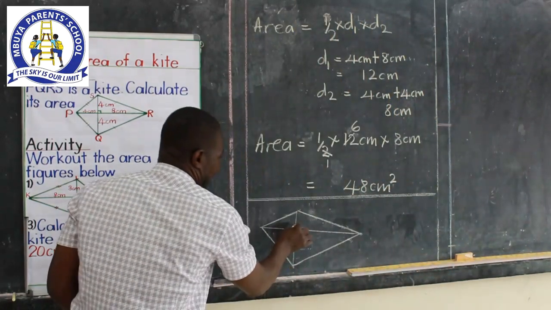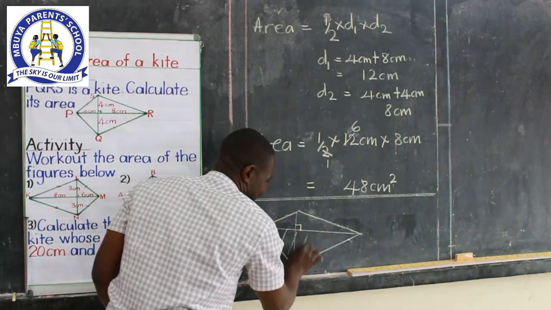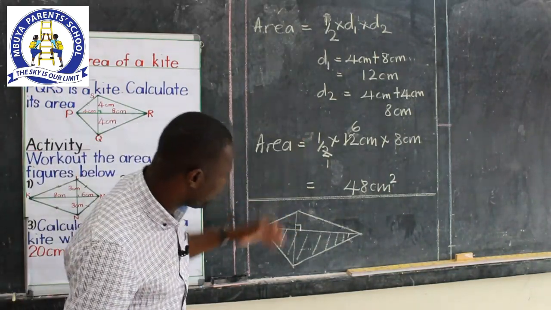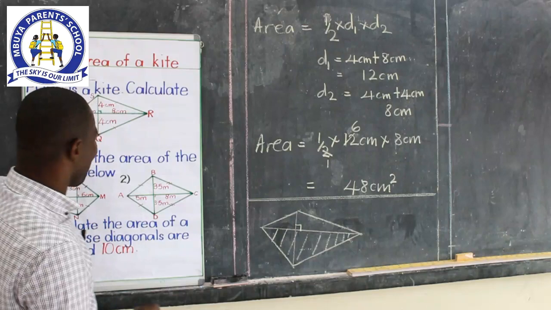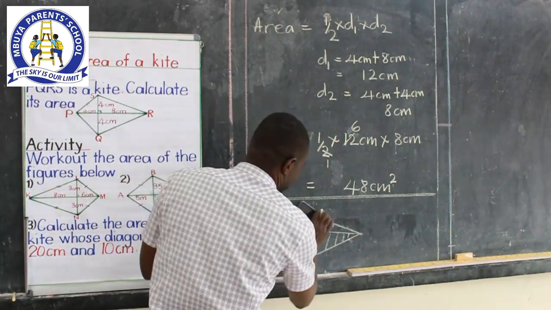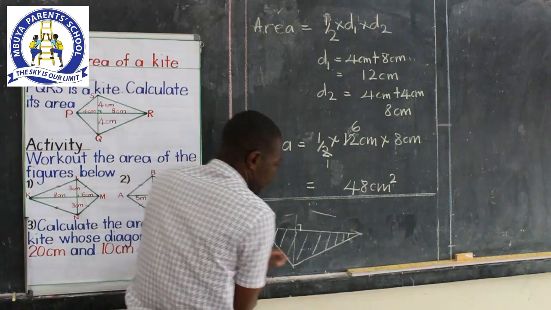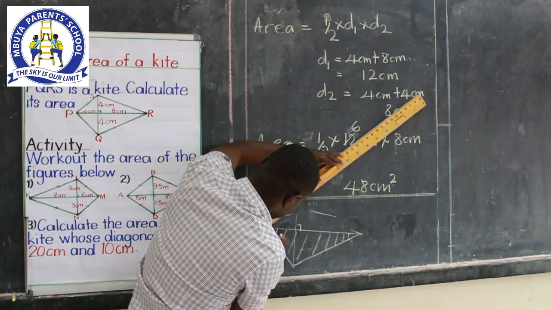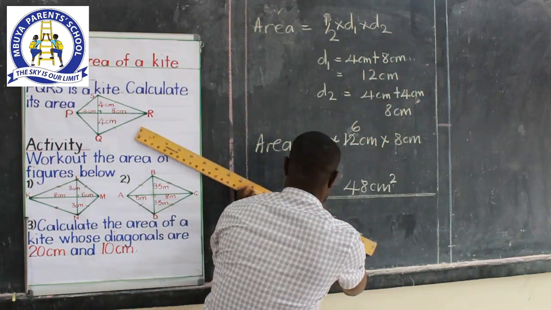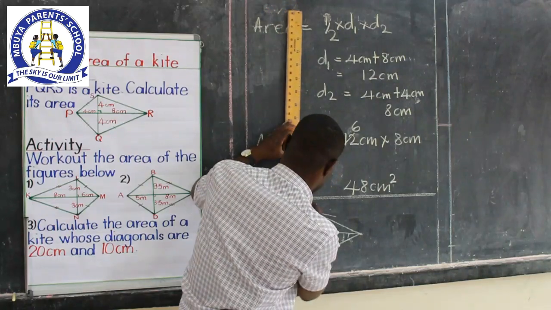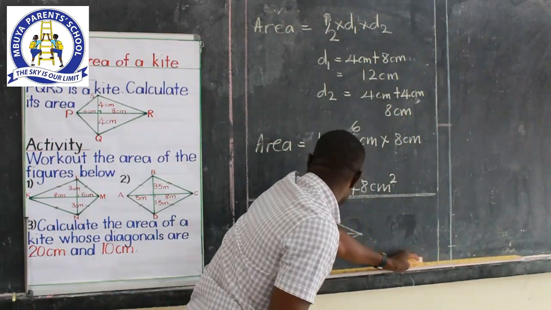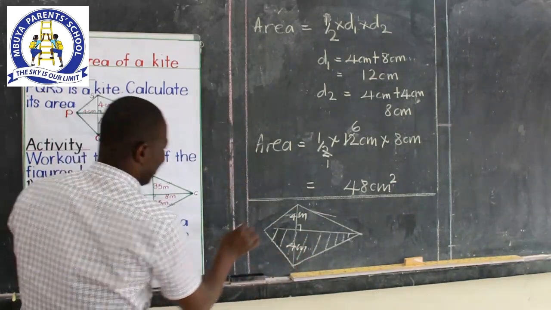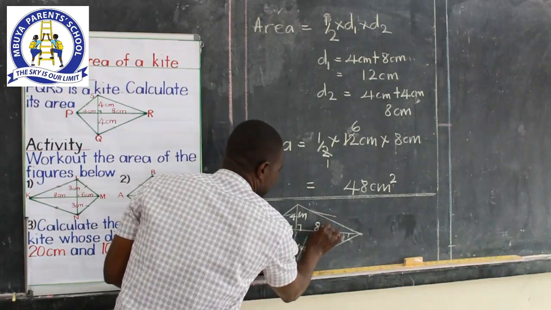So when it is drawn like that, it will have this part, which is a triangle, and the upper part, which is also a triangle. So you realize that this is 4, and that is 4. This is 4 centimeters, and that is 8.